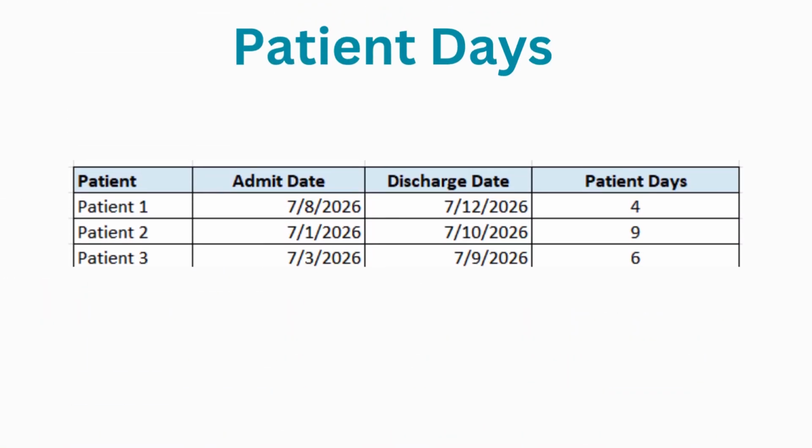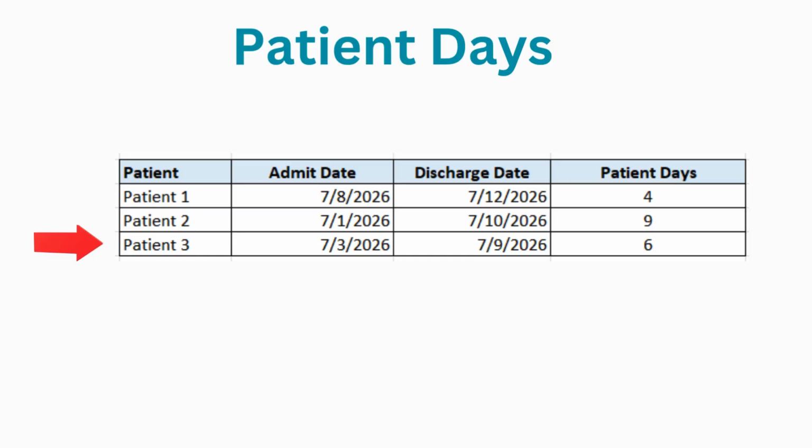This is just a simple example of how patient days are calculated. So we have 3 patients in this example, and we have their admission date and their discharge date. The way that we count patient days, we count whether there's a head in a bed at midnight. So in the example of patient 3 down here, they're admitted on July the 3rd.